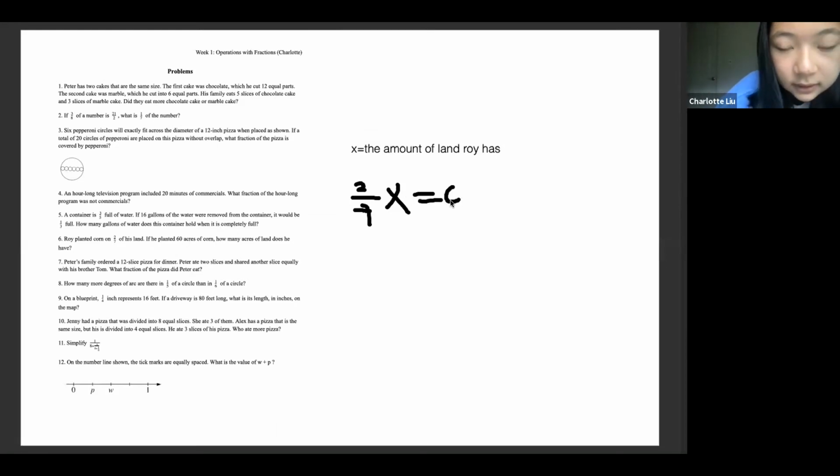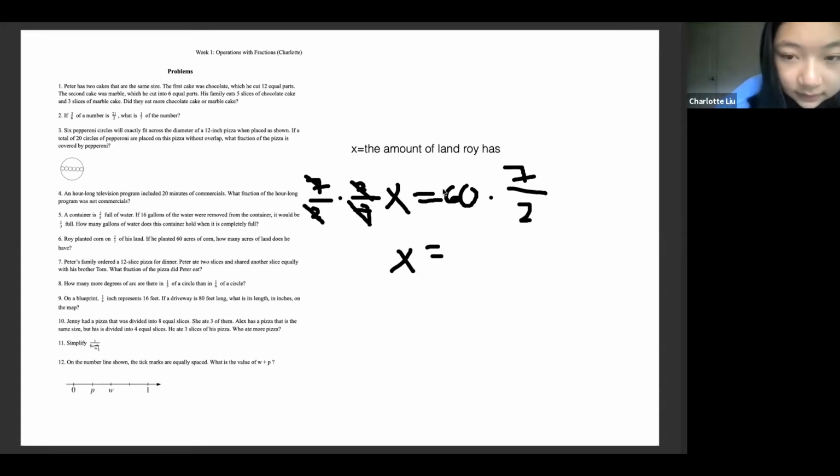So now you just have to solve for x. So again, you multiply by the reciprocal to get 7 over 2. You have to multiply this side also. Cross multiplication, you'll cancel these out, so you get 1x, which equals x, equals over here 30. So 30 times 7 will equal 210 acres.